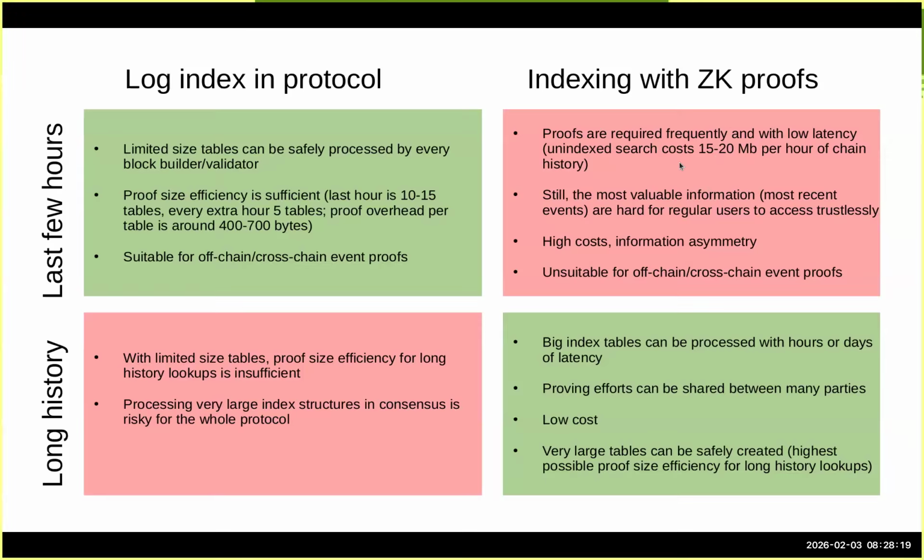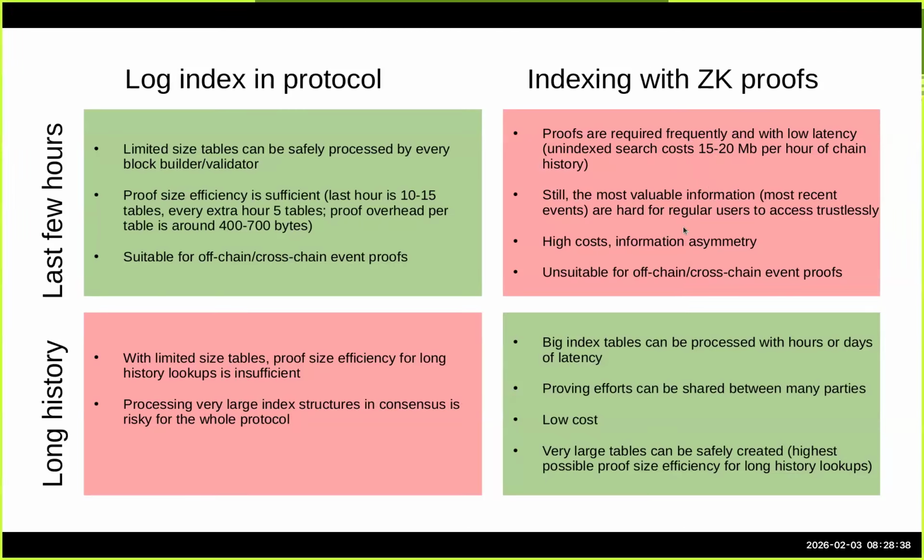If we can generate a ZK proof every hour, which is probably still kind of expensive, then just proving the events in the last hour will be like 15 or 20 megabytes, which is already kind of expensive.